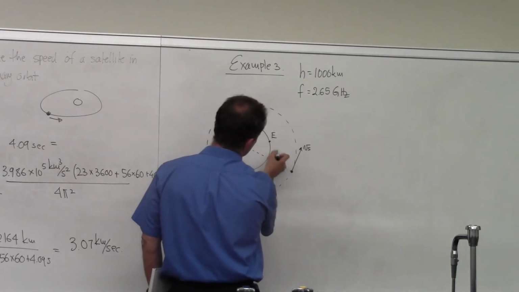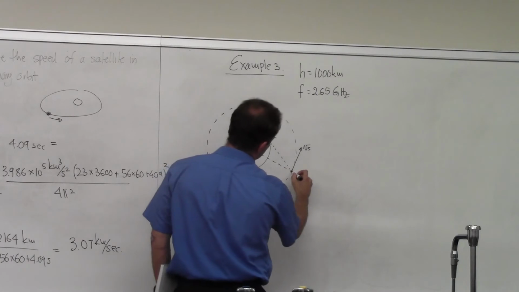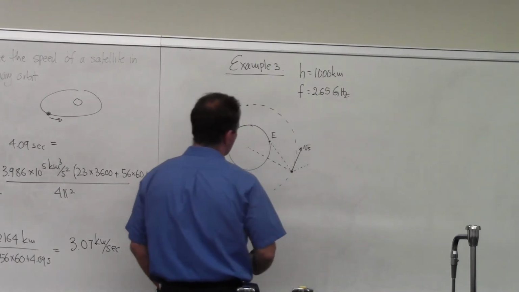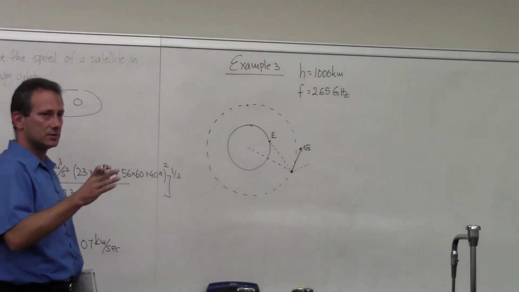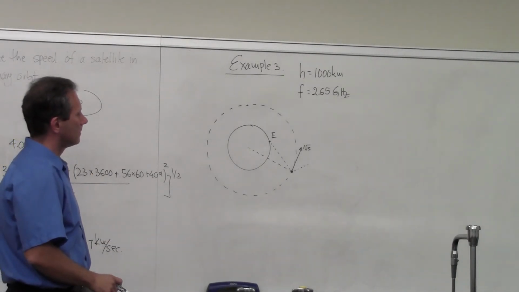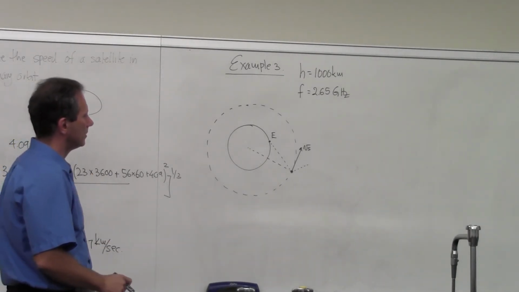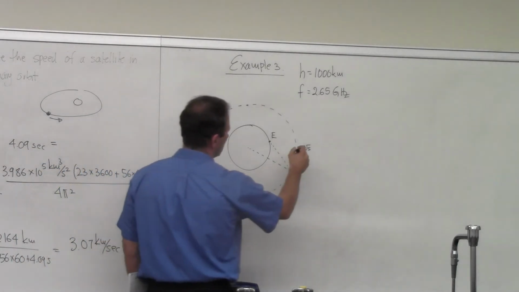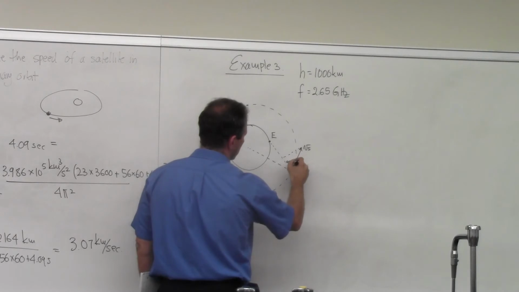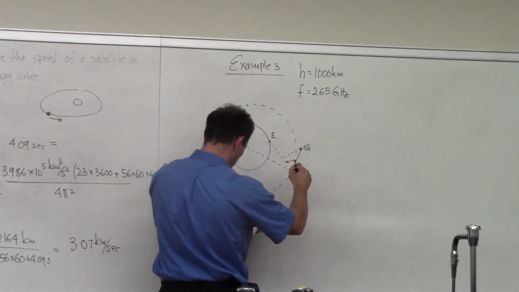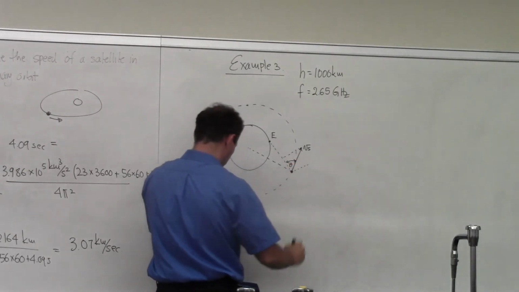One is going straight towards the Earth, and one is perpendicular. The one that we had in that equation was the one that is straight between them, and that one is going to be this velocity times the cosine of this angle. I call that angle theta.